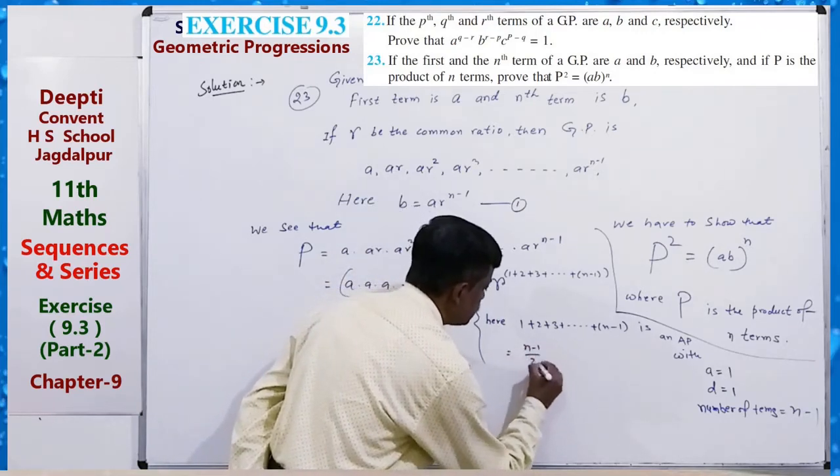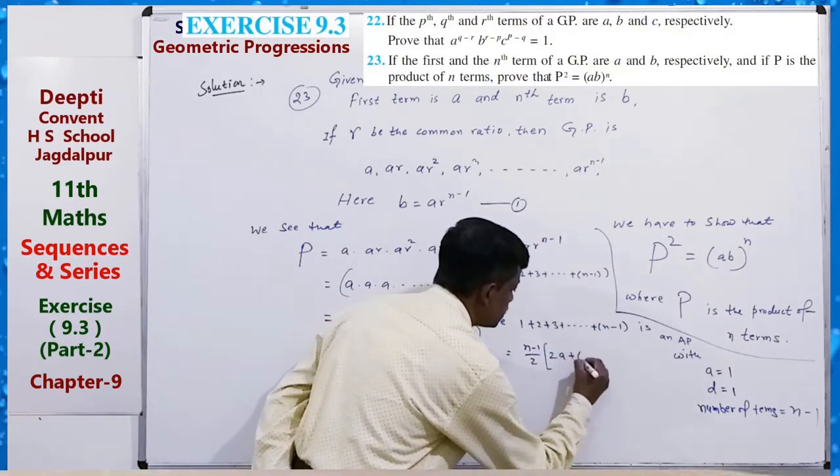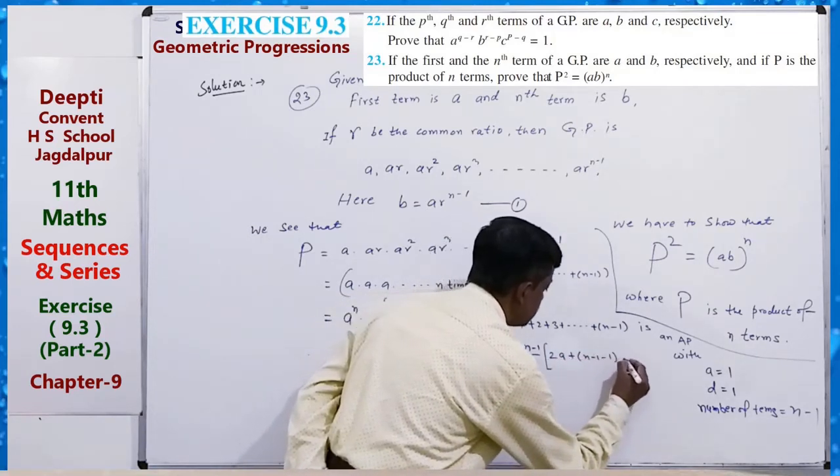The sum is n minus 1 by 2, into 2a plus (n minus 1 minus 1) into d.